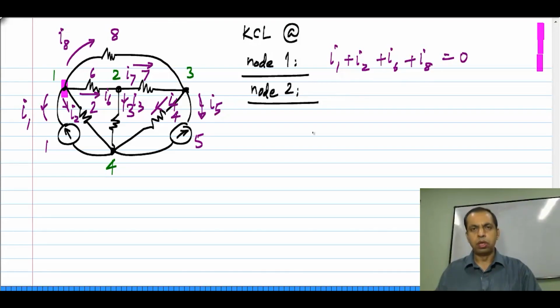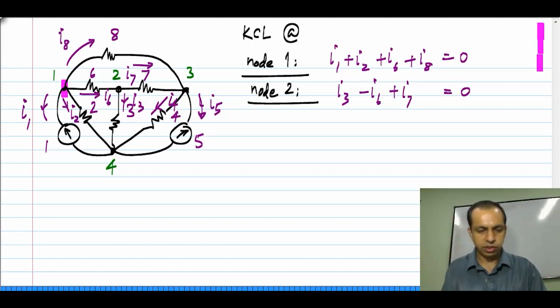At node 2, I will again have the sum of currents leaving the node to be 0, which is I 3 minus I 6 plus I 7 equals 0.